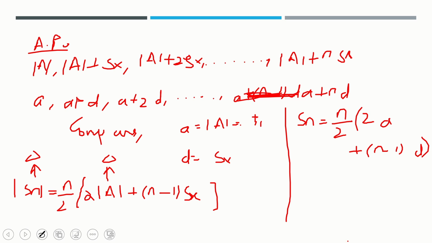That's why I am putting this determinant in Sn also, because the value we are getting is a real number. Okay, so this is the AP nature of this matrix. So this is the application, you can say.